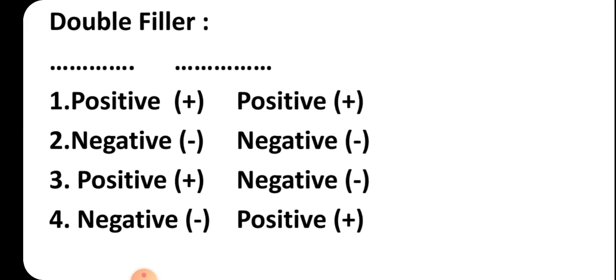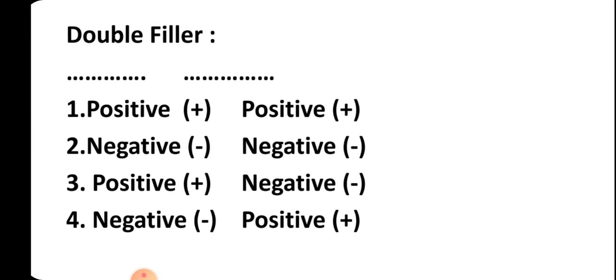So if you look at the techniques of double fillers, you will have two blanks, as I told you. There are possibilities like both the blanks may have positive words, positive plus positive, or both the blanks may require negative words, negative plus negative.